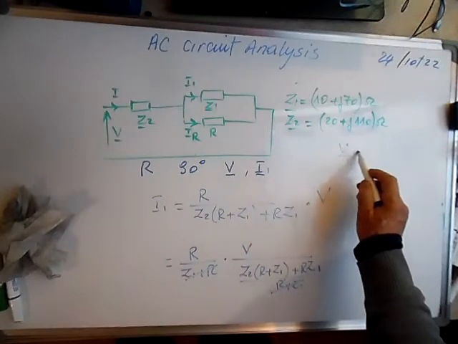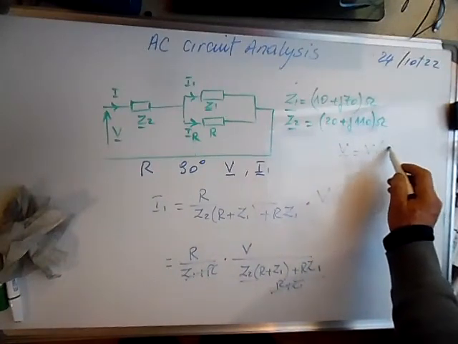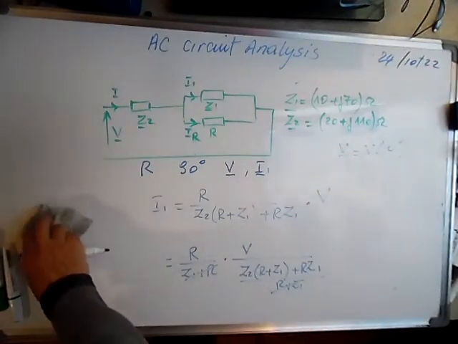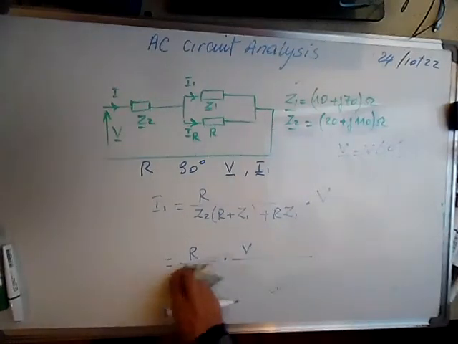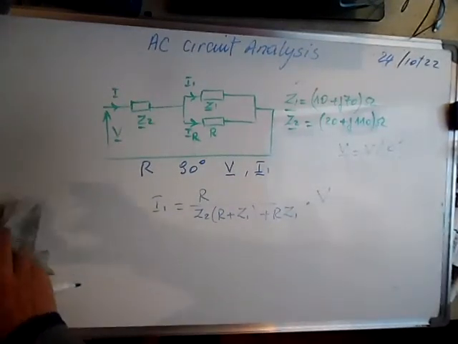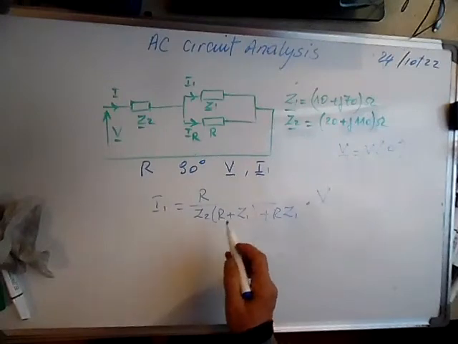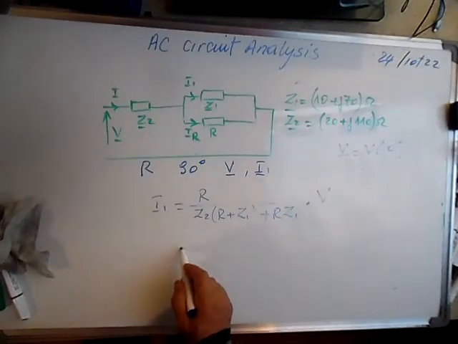Suppose that V is equal to V and the initial angle is 0, so we can put this in this form.